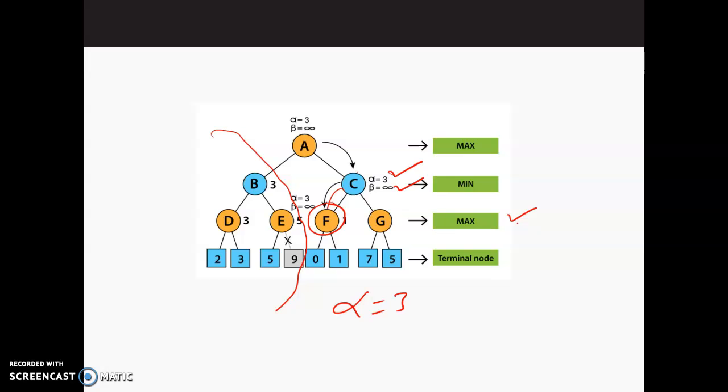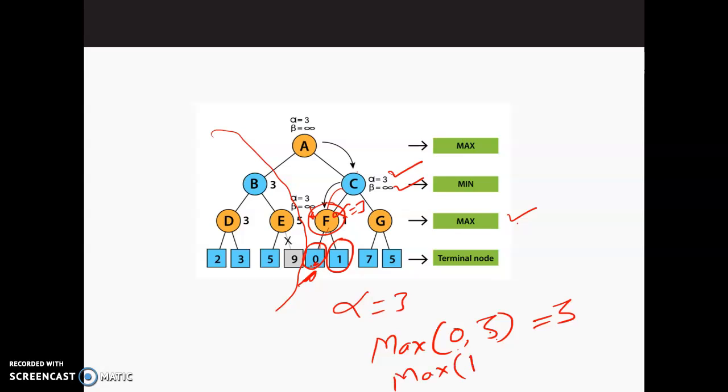So what we'll do, we'll check with these. So maximum of 0, 3, because alpha value is 3 and the node value at this node is 0. So 0, 3, it will give us 3. And then we'll check for this. So now the value of alpha is 3 after comparing this node with the alpha value at node F. Now we will check for max value between 1, that is node value is 1, and 3.